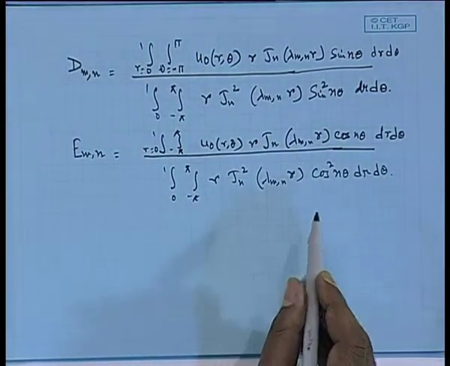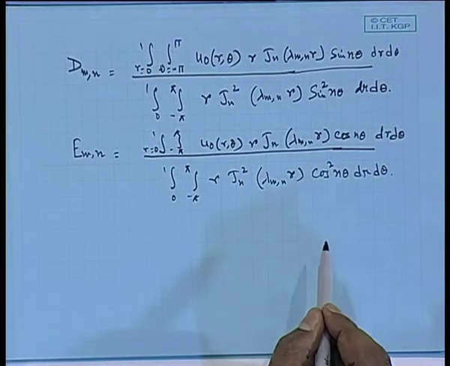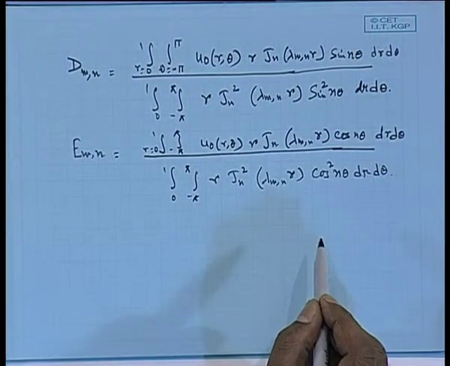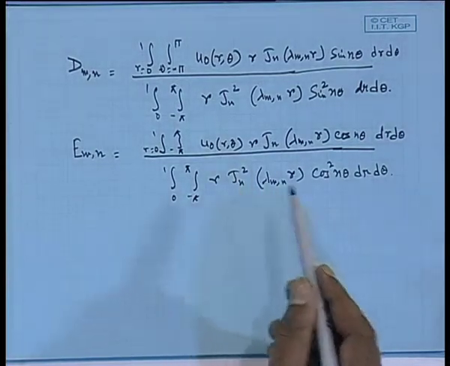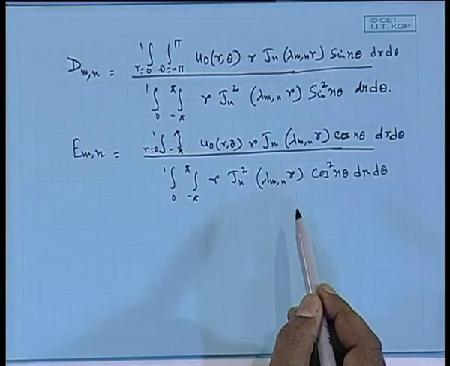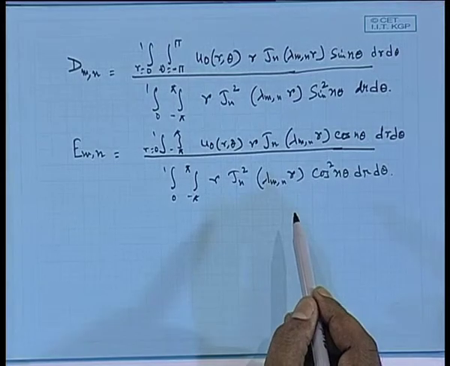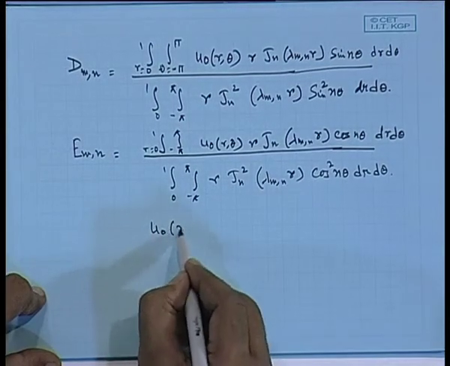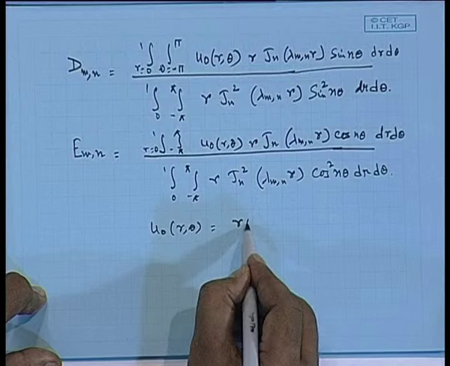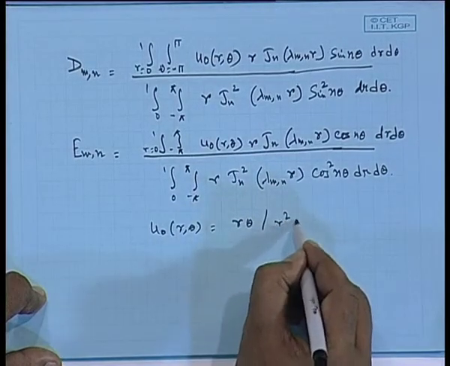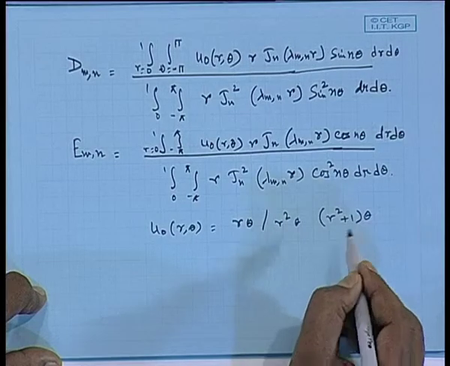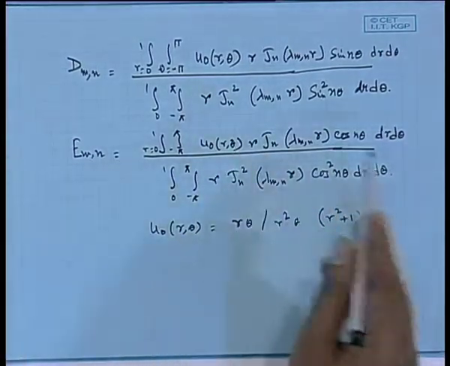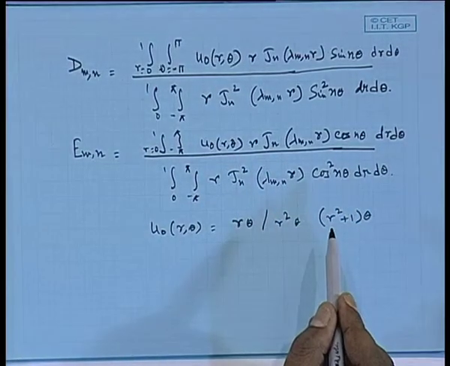If u0 is constant, you can evaluate these integrals analytically. If u0 is a product of some function of r and some prescribed function of theta, let us say u0(r, theta) is r theta, or r squared theta, or (r squared plus 1) into theta, something like that, then also these integrals can be evaluated analytically.